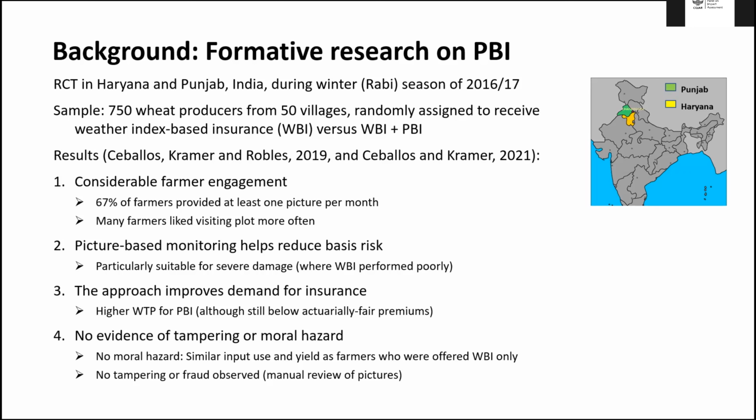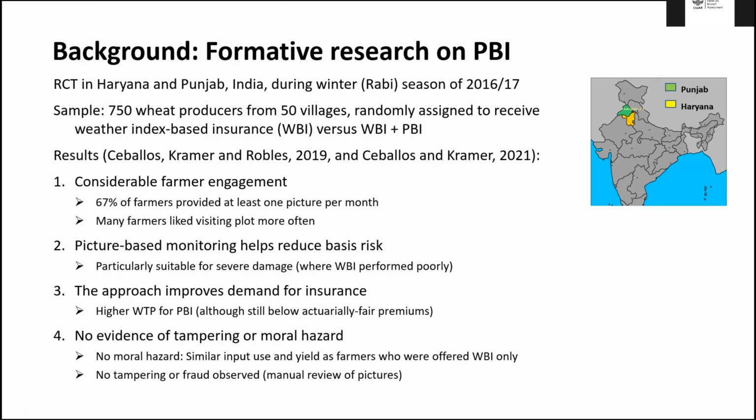We also found, that's the third point here, that the approach improves demand for insurance. We found a higher willingness to pay for picture-based insurance compared to weather index-based insurance. And also farmers were willing to pay quite a bit extra if PBI was provided as an add-on to weather index-based insurance.